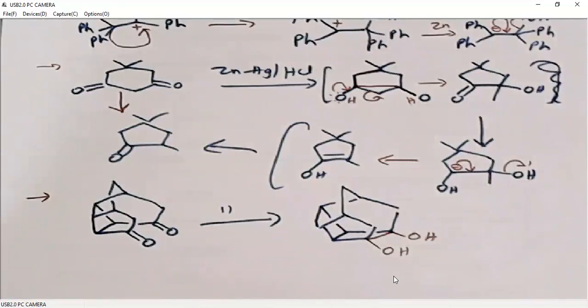So the Clemmensen reduction is performed under strong acidic conditions. So if we have some acid sensitive functional groups in the molecule, it is not possible to apply Clemmensen conditions.